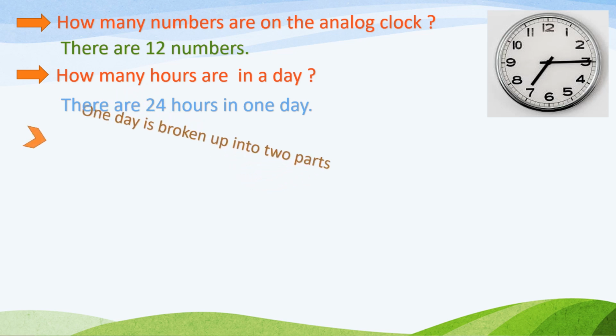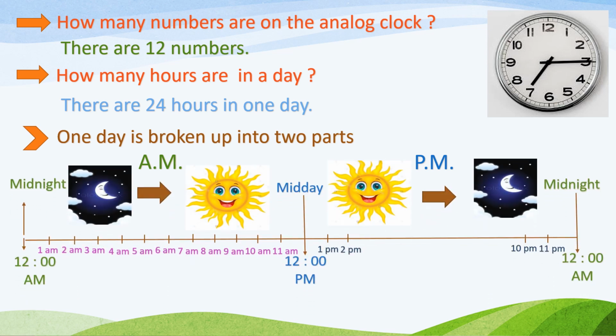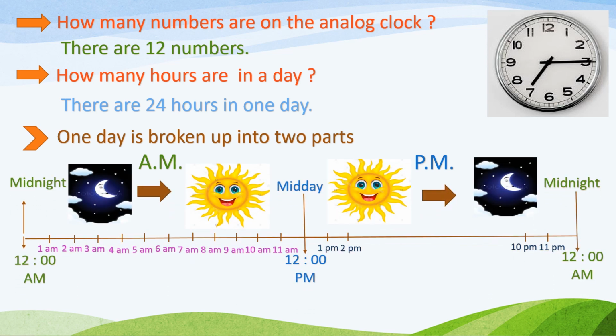One day is broken up into 2 parts, AM and PM. The AM half of the day is the morning time from 12 midnight to 12 midday. The PM half of the day is the afternoon and evening time from 12 midday to 12 midnight.